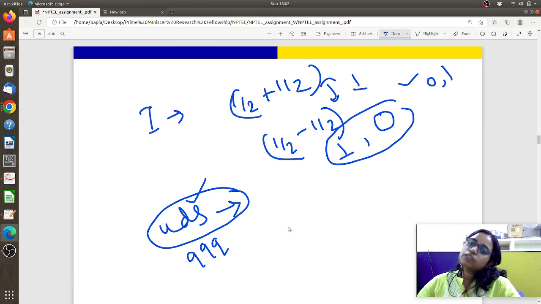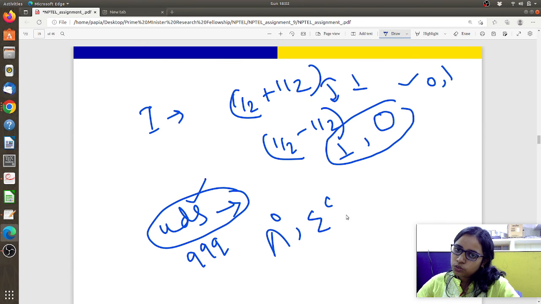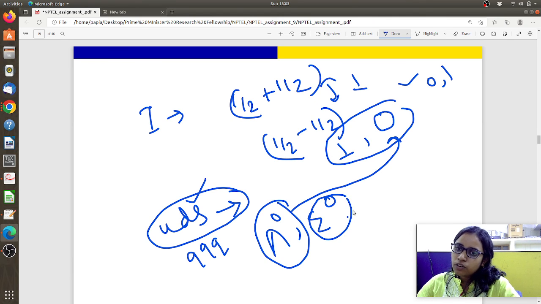So if anyone asks for an example, you can say lambda 0 and sigma 0, because for lambda 0, I equals 0, and for sigma 0, I equals 1. So the examples I know from the quark content are lambda 0 and sigma 0.